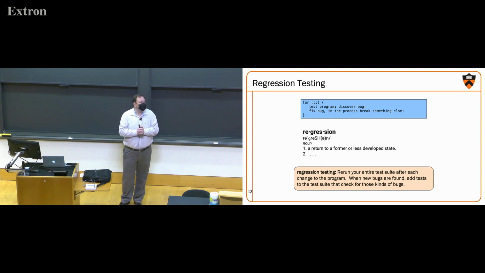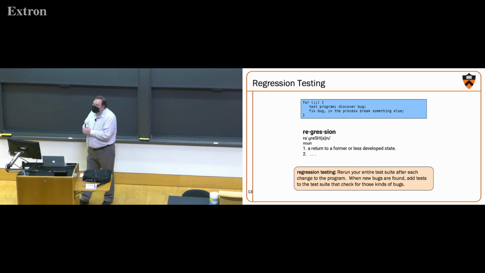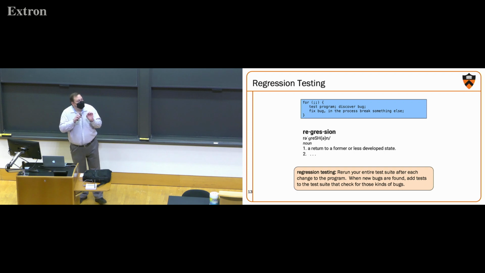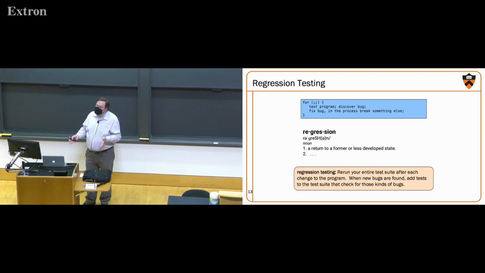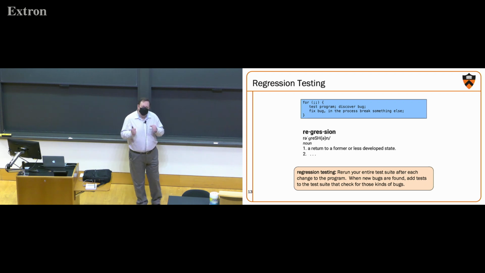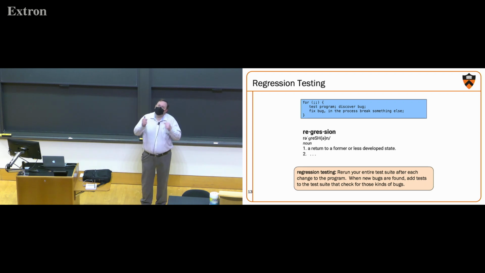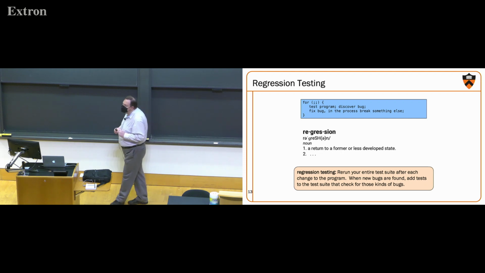Something that used to be correct is now no longer correct. So regression testing is the strategy of every time you make a change to the code, run all of the tests that you have, and make sure that stuff that used to work hasn't been broken by the change that you just made.